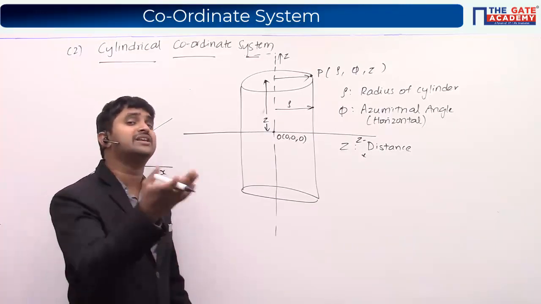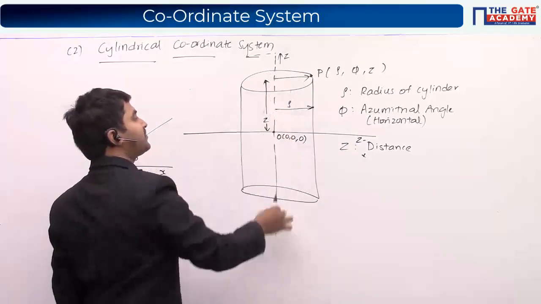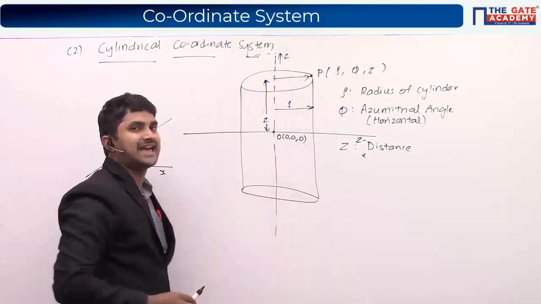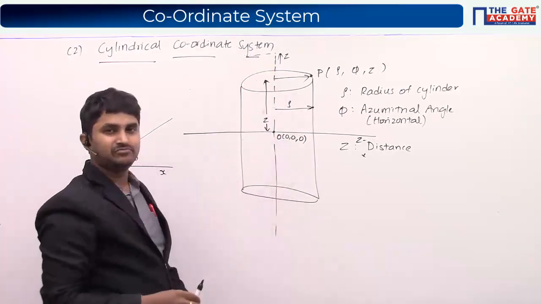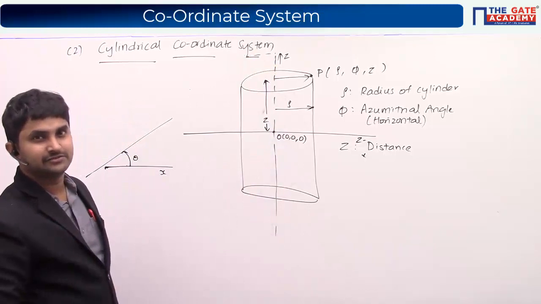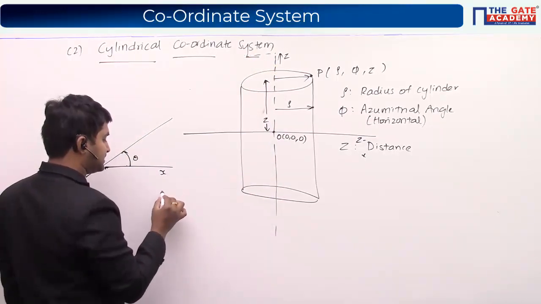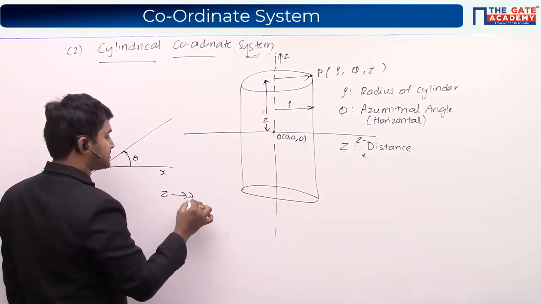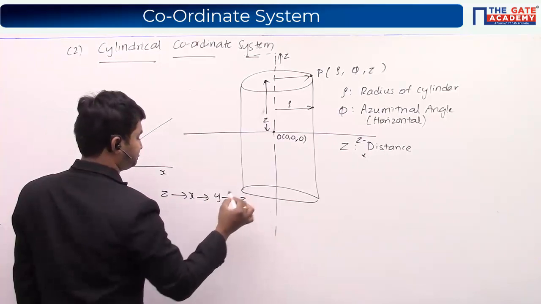Now please tell me, where is the x-axis? This is my z-axis, right? I told you the order x, y, z.